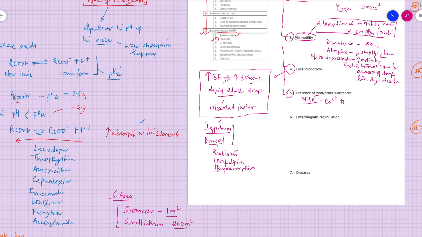What could be an example? An example could be tetracycline. As a result, this would form a complex, and this complex will not be absorbed.